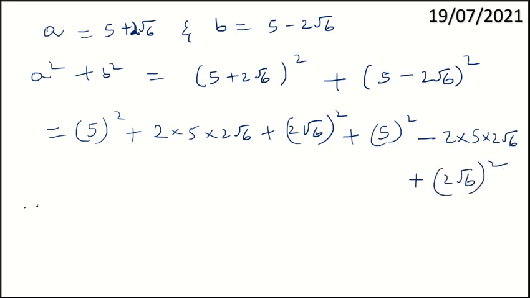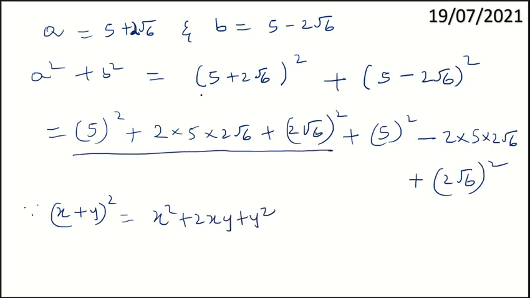What we have used? We have used x plus y whole square, which is x square plus 2xy plus y square formula while expanding this one, and we have used x minus y whole square while expanding that one. We have written x square minus 2xy plus y square.